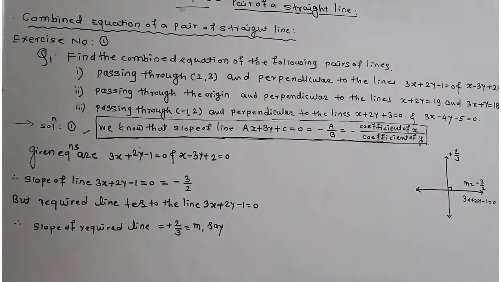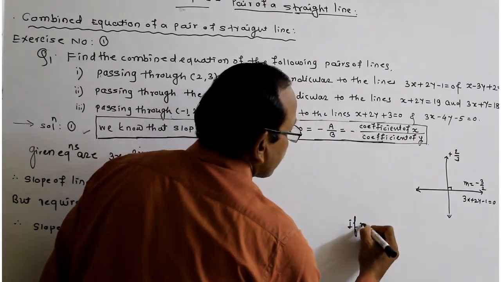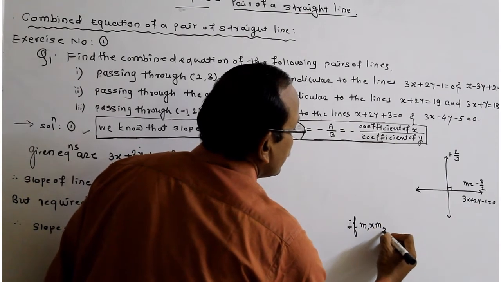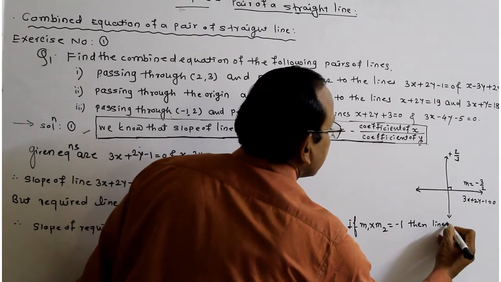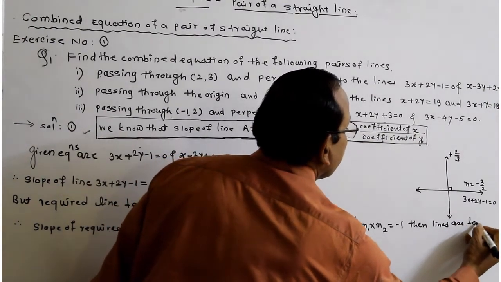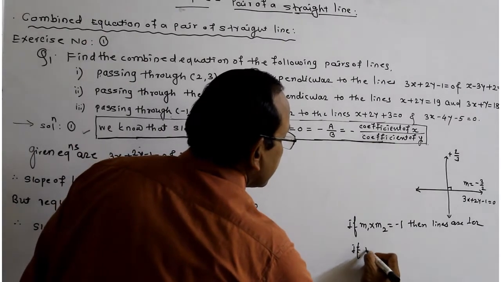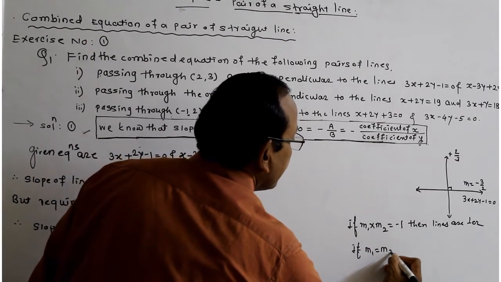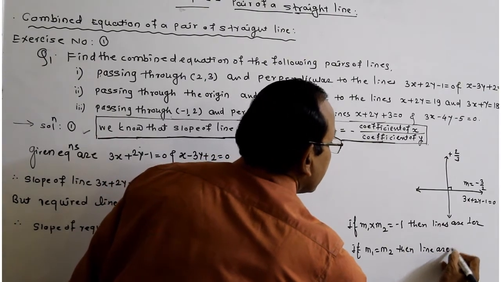Because we know that if the product of slopes m1 into m2 is equal to minus 1, then the lines are perpendicular. If slopes are equal, then the lines are parallel.